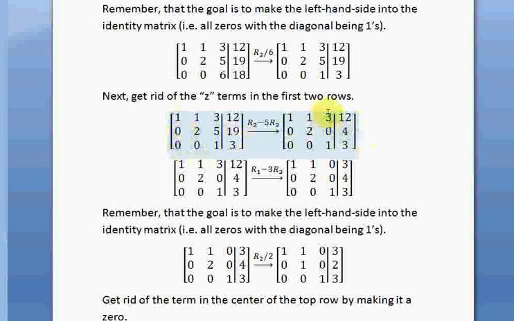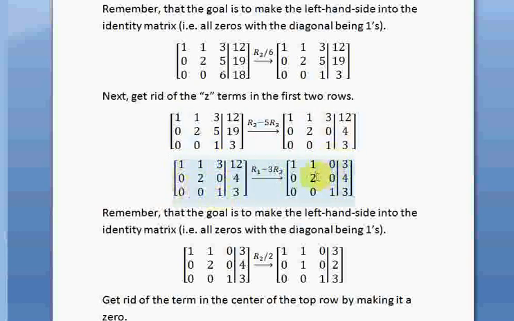I want to do the same thing for the z placeholder of row 1. I come back here. I have row 1. I have a 3 in the z placeholder and a 1 down here. So I'm going to take row 1 minus 3 times row 3. So 3 minus 1 times 3 is 0, and 12 minus 3 times 3 is 3. Again, I don't worry about up here because I'm not changing anything down here. This being a 1 makes life real easy. Okay? Now I'm getting very close.